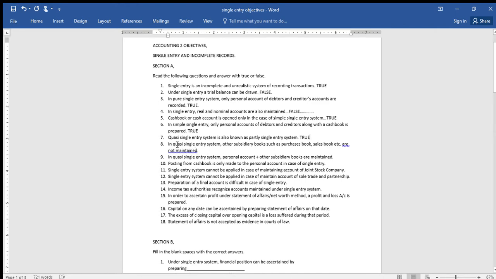Then number 8, in quasi single entry system, other subsidiary books such as purchases book, sales book, etc. are not maintained. We always need the purchases book and the sales book to determine either the purchases or the sales. So they are maintained. So number 8, the answer is false.